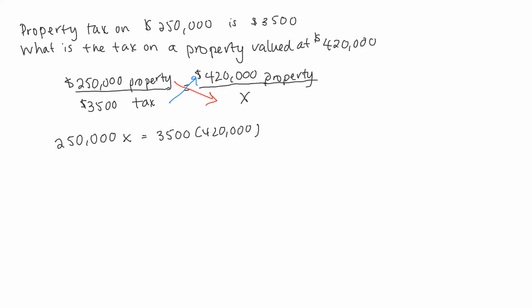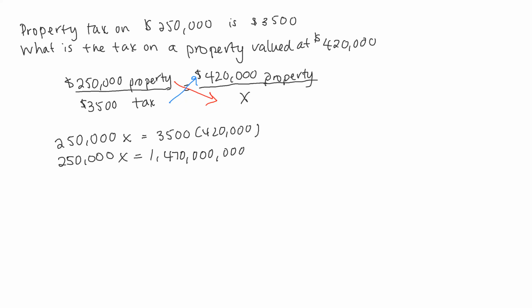So just be really careful, be organized, use the commas for every 3 digits. But for now, we've got our 250,000 X. If you multiply 3,500 times 420,000, you're going to get this gigantic number. So you get 1,470,000,000.